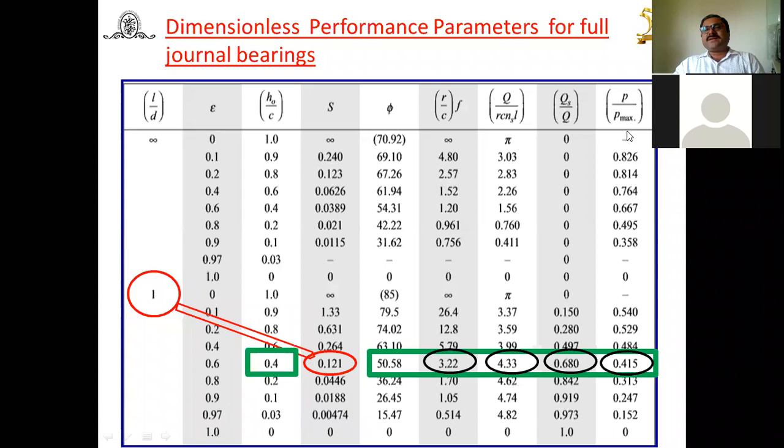The parameter P by P max helps us get the maximum pressure developed in the bearing. By using these parameters we can find the other required bearing performance parameters.